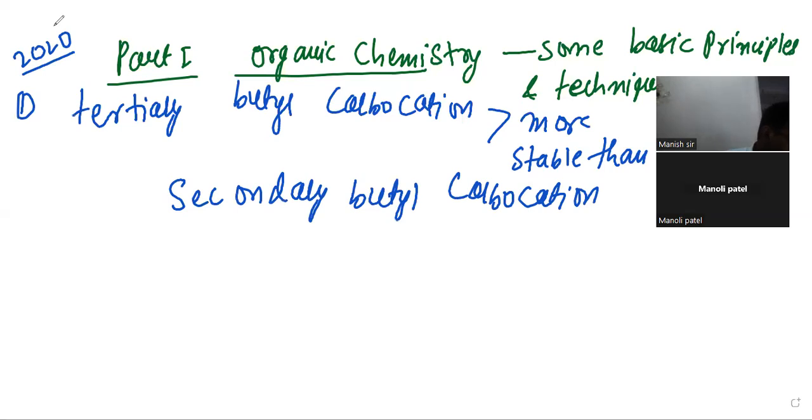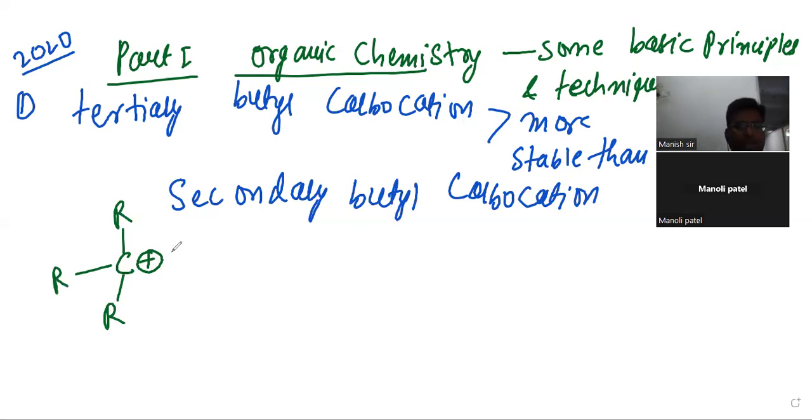So let's see. Due to hyperconjugation, first I will make the structure of that compound. It will be tertiary butyl carbocation, right? Carbocation means the carbon will be carrying a positive charge, and tertiary means it is connected with 3 R groups.